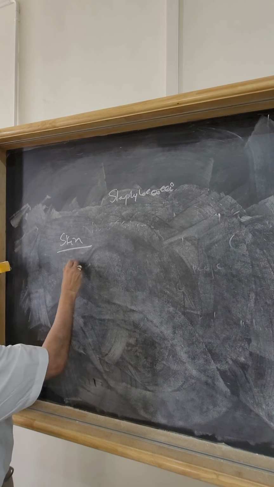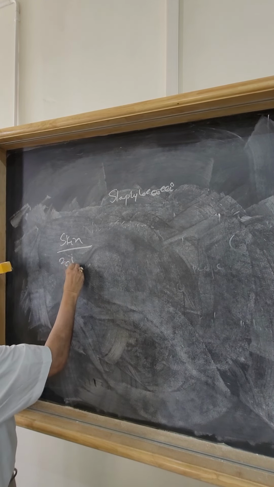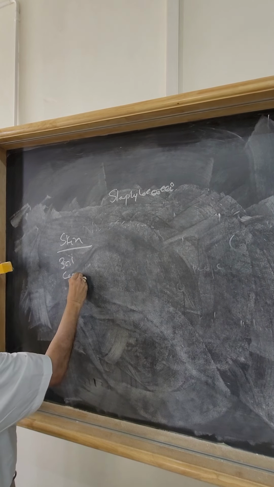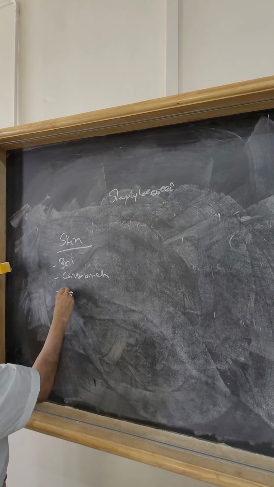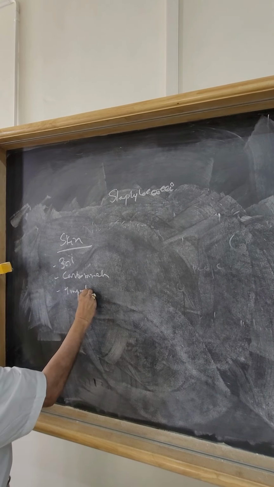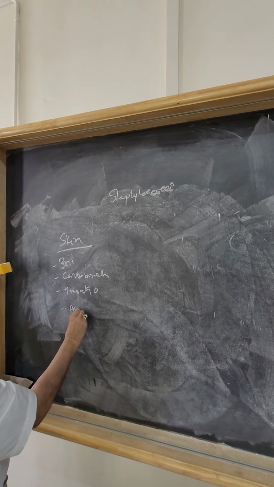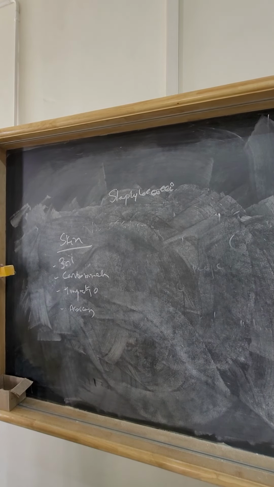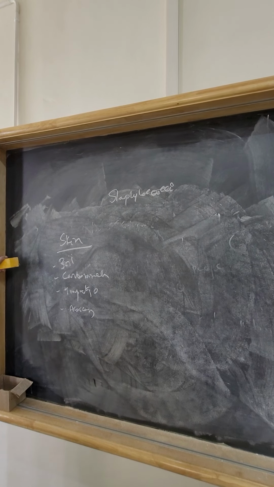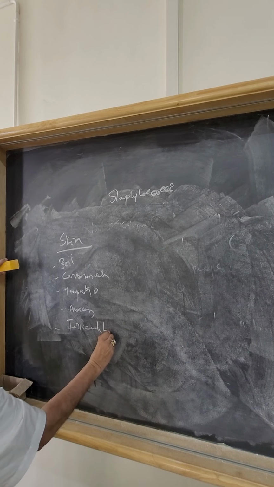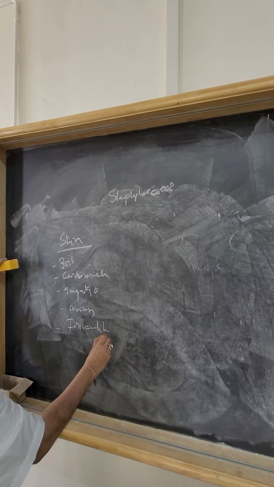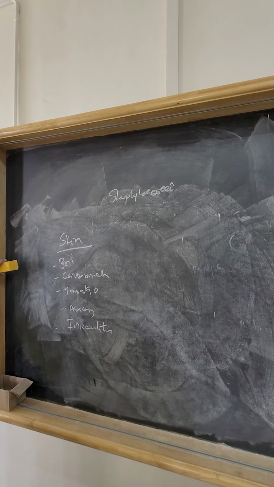Skin lesions: it causes boil, carbuncle, impetigo, abscess. So a variety of skin lesions: infection of the nail bed, folliculitis, stye.